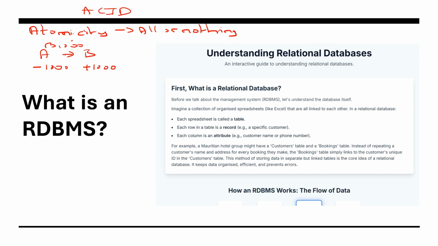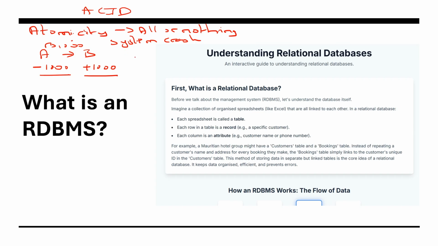If there is a failure somewhere, for example, if there is a system crash, no money is lost and no money is created. So the concept of atomicity says all or nothing.